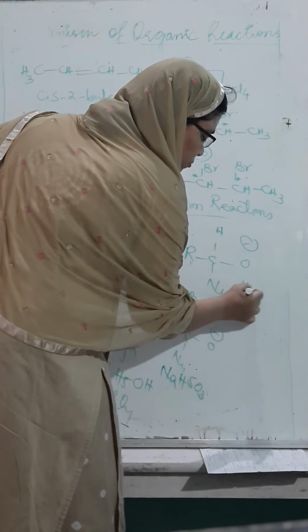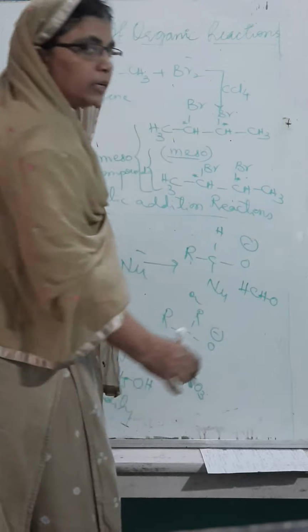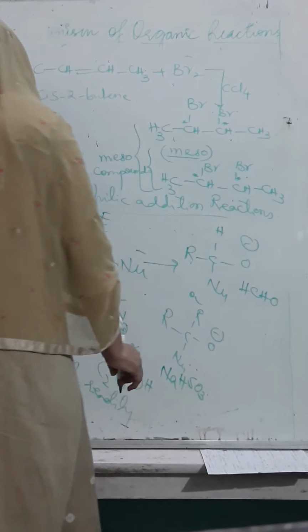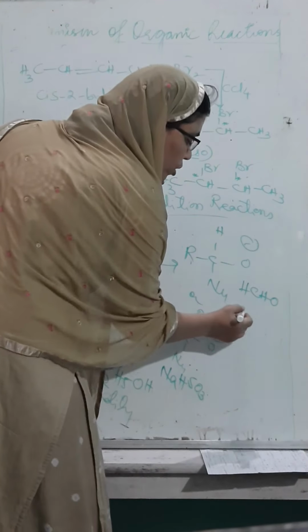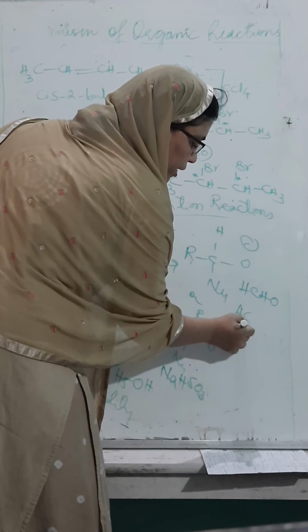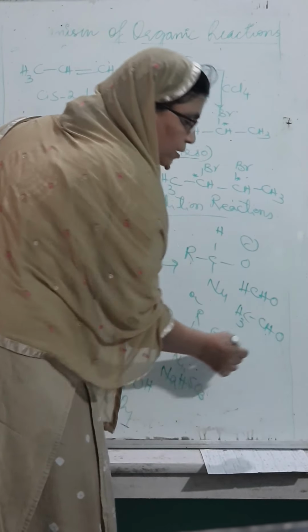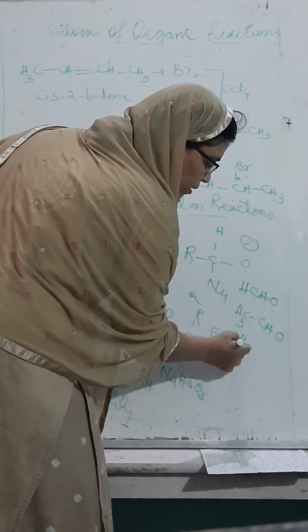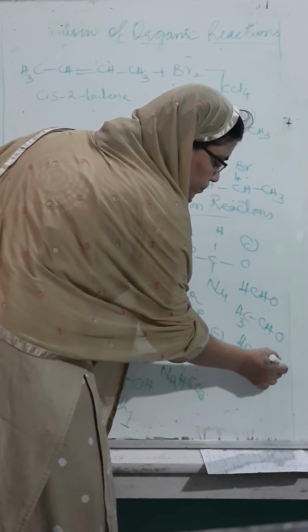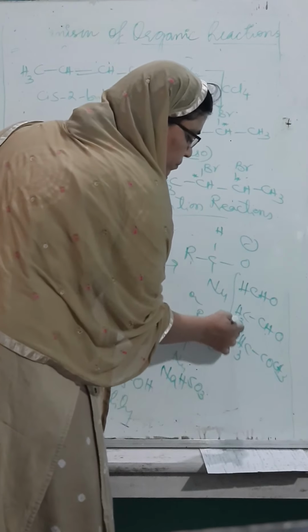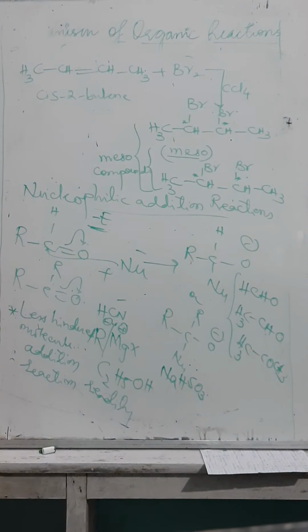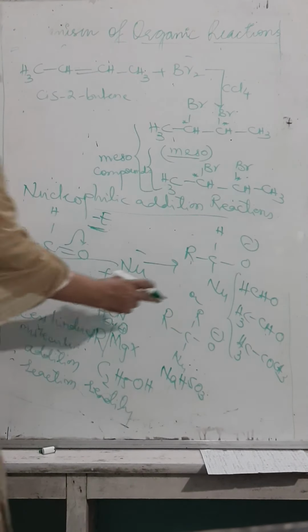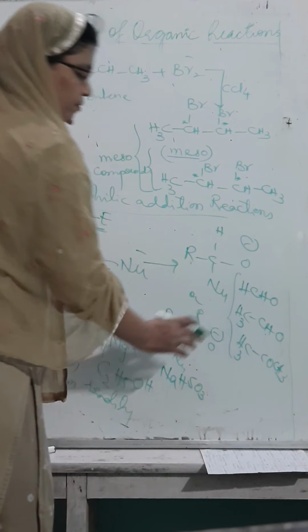They asked to arrange them in increasing order, where formaldehyde will undergo addition reaction more readily than acetaldehyde, than acetone. This was a question in one of the papers, asking why it is so. We can write that this is less hindered as compared to this, as compared to this.